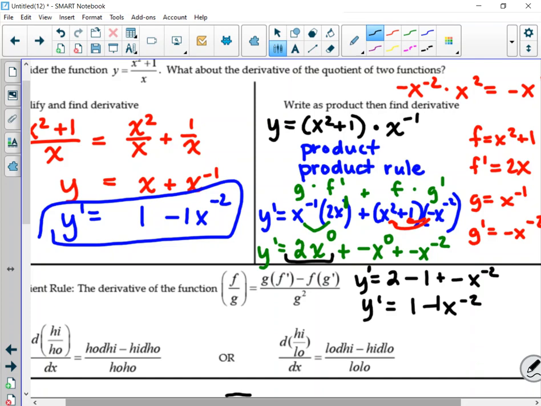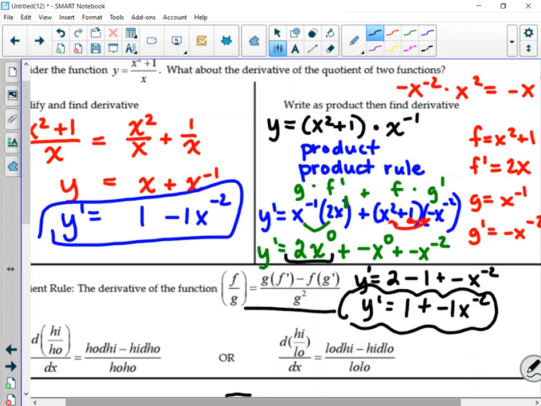Just throw a 1 there and they'll look identical. That guy does look just like that guy. Definitely harder to get there, for sure. A lot more exponent love to get there. But you can get there.